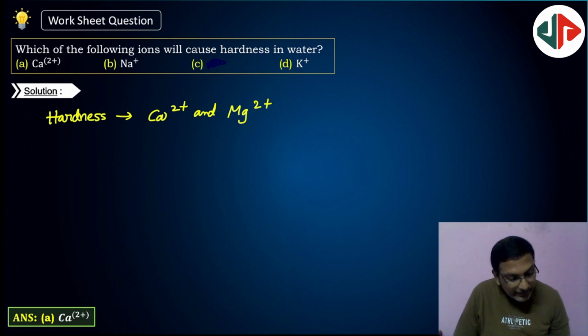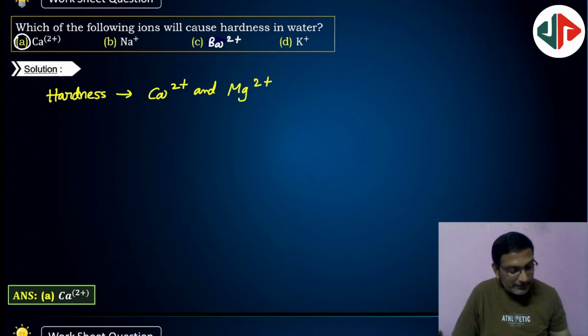I am taking here Ba2 plus. So calcium and magnesium ions can cause hardness. So here calcium is present, therefore option A. Highly soluble compounds of calcium and magnesium can cause temporary hardness and permanent hardness. Next.